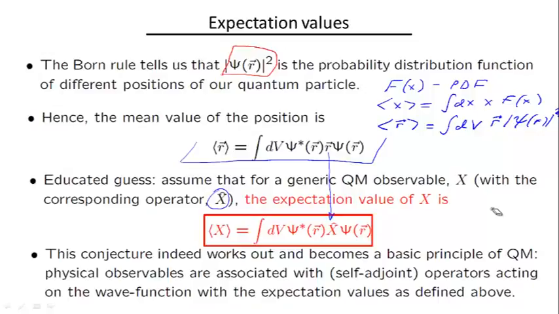But the average value of this measurement is going to be consistent with this definition of the expectation value. And so it becomes a very important and basic principle of quantum mechanics that I reiterate here, namely that, first of all, physical observables are associated with what I didn't discuss, self-adjoint operators acting on the wave function with the expectation value defined as above.